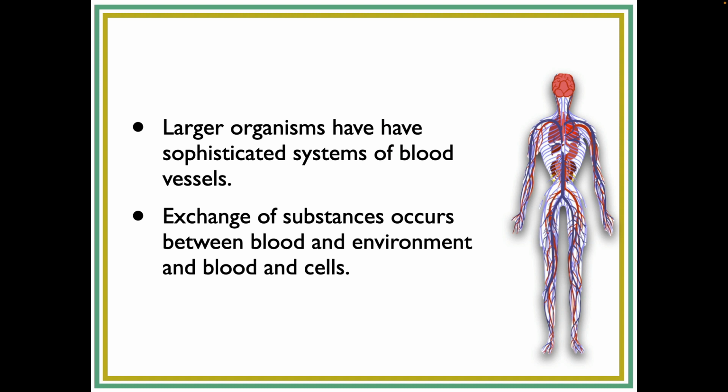So if we're thinking about blood to the environment, in a healthy body, which places is the exchange between blood and the outside environment made? What can you think of?